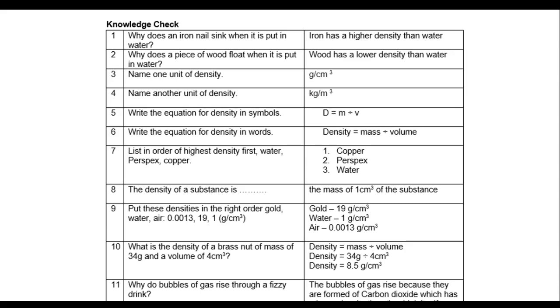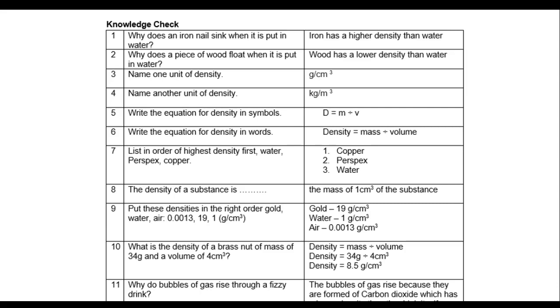For number 10, you are calculating the density of a brass nut when it is giving you the mass, so 34 grams, and a volume of 4 centimeters cubed. So bearing in mind that our mass is in grams and our volume is in centimeters cubed, the unit for density should be grams per centimeters cubed, and I've worked it out to be 8.5 because you divide 34 grams by 4 centimeters cubed.